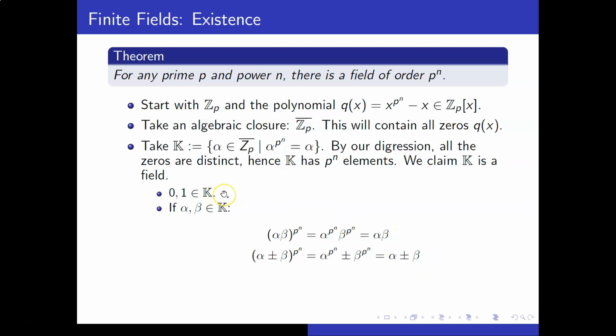It's non-empty. It's going to be a subring. But it's a finite subring because there's p to the n elements sitting inside a field. Every subring of a field is an integral domain, but a finite integral domain, as we've seen, is a field. So that gets me my field of order p to the n.